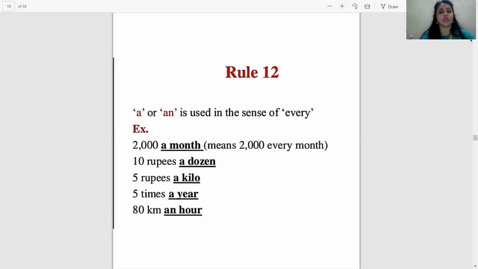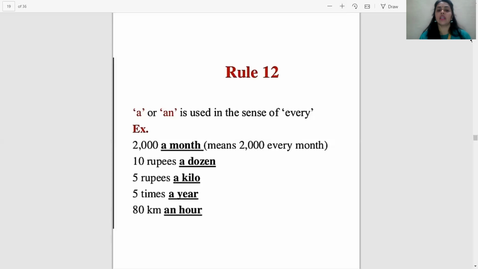No matter how much you take, it will be 5 rupees per kg. 5 times a year means something which is happening 5 times a year. Maybe your tests or exams or open house, whatever is coming, it is happening 5 times a year.